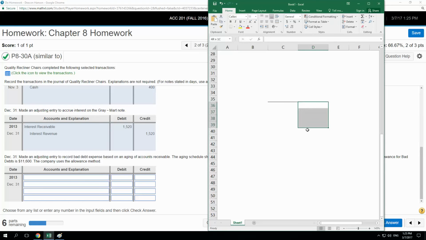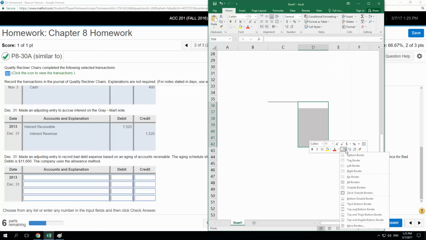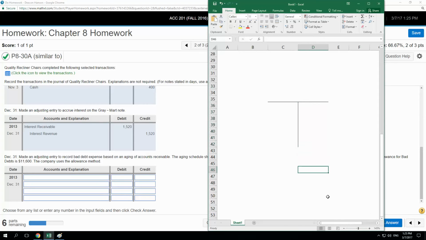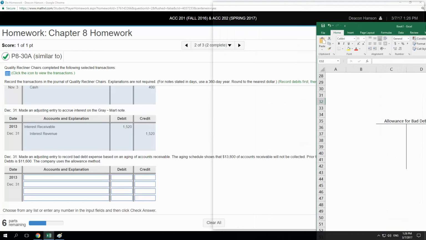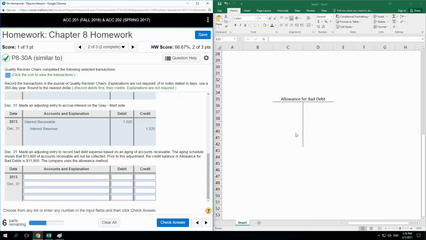If I had a T account, and it might look like this, and this would be my allowance for bad debt. Okay? And what they're saying is, prior to making the adjustment, right?